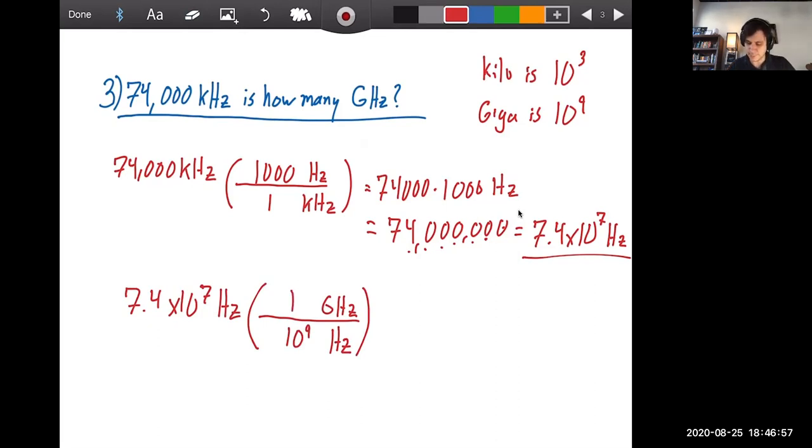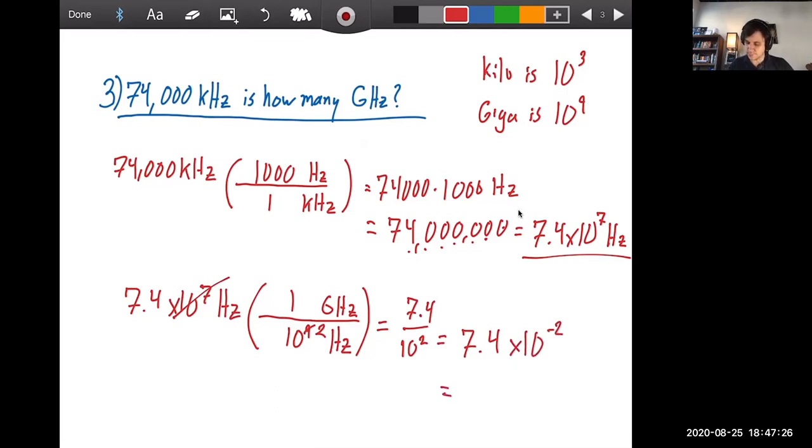And now if you can remember how to work with exponentials, this is pretty easy because you have 10 to the 7th divided by 10 to the 9th. We can cancel all of that out. 9 minus 7 is 2. So we have 7.4 divided by 10 to the 2, which equals 7.4 times 10 to the minus 2.